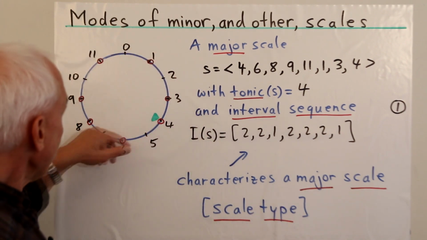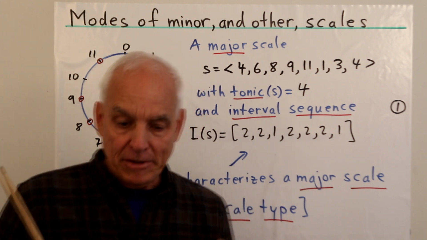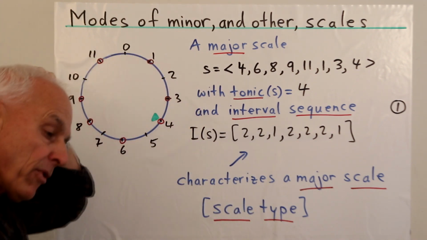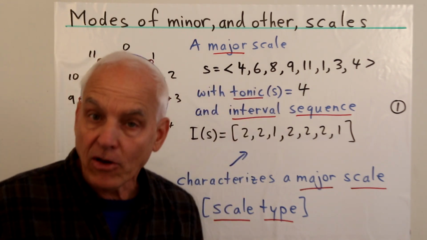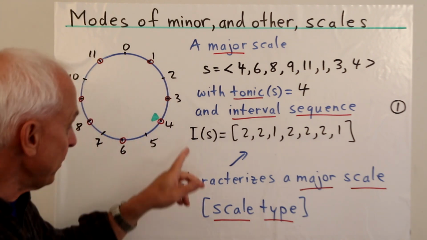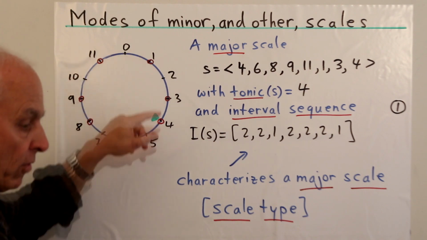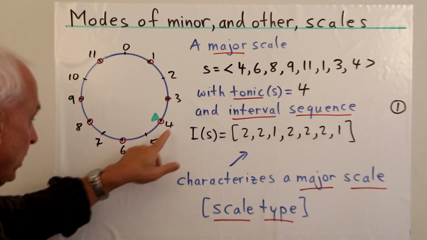So we're thinking about the 12-tone clock representation of our tones, the chromatic scale with notes 0, 1 up to 11. And then we've said that a scale is just a sequence of notes, or tones, going around in the positive or clockwise direction, starting and ending at a particular tone.